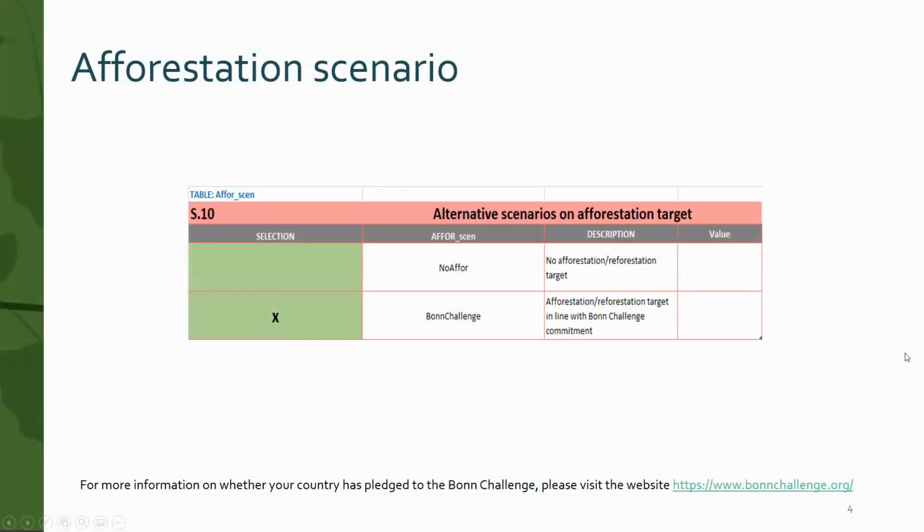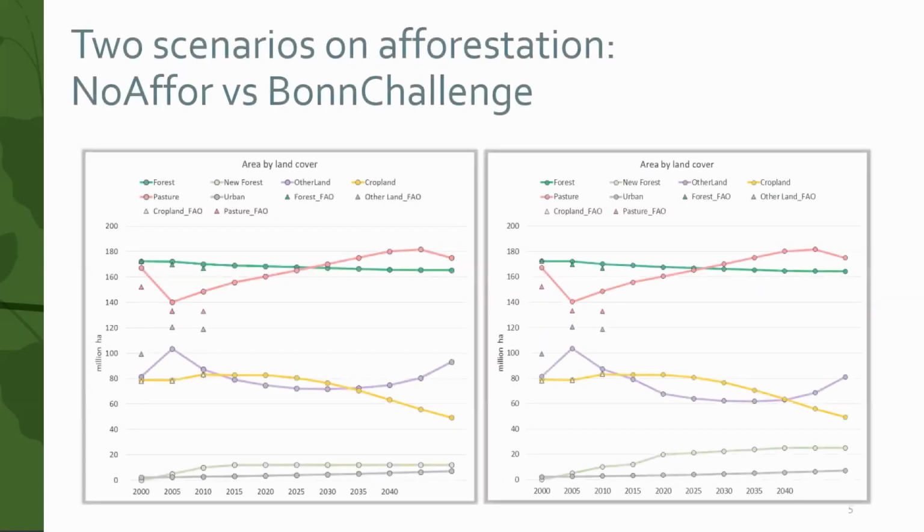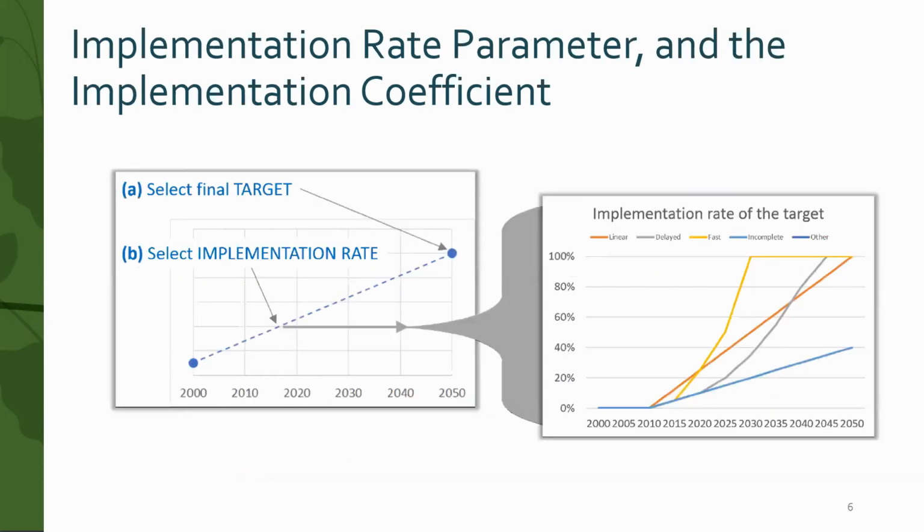How could you implement these specifications in the FABLE Calculator? In the exercise of the previous video, we compared the two results one can get in the default values of the FABLE Calculator, shown in the current slide. We revised the first part of this change, the implementation rate parameter, and the implementation coefficient.